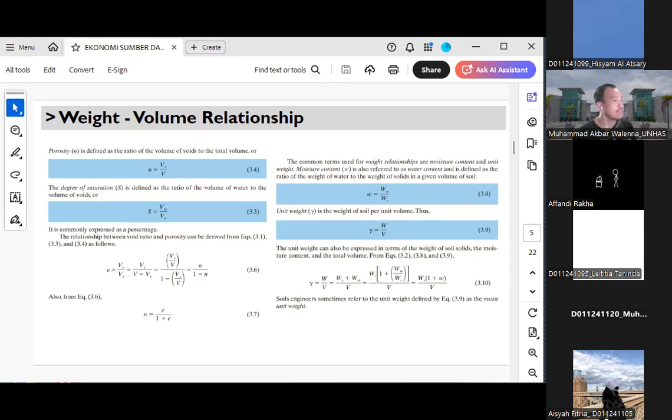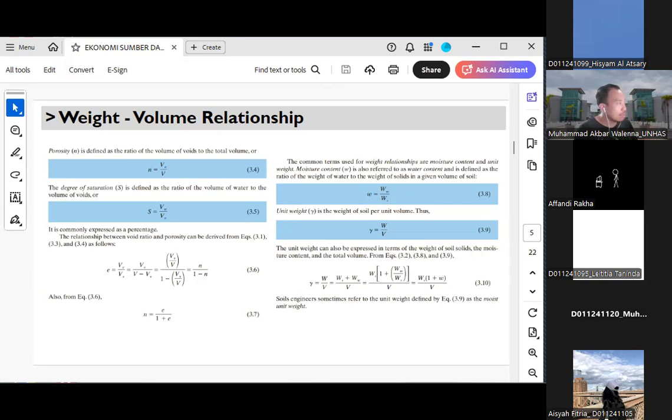It's important to reiterate that voids can be filled by water and air. So with the existing void spaces, the degree of saturation tells us how much of these void spaces are filled by water.